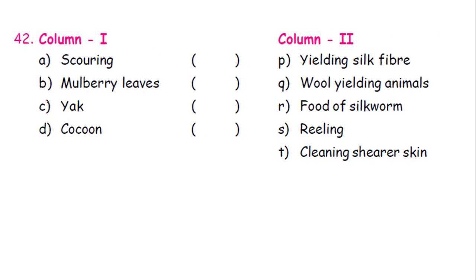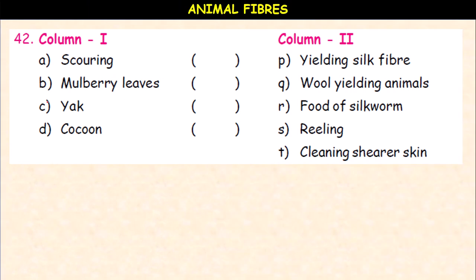Match the following. Column 1: scouring, mulberry leaves, yak, cocoon. Column 2: yielding silk fiber, wool yielding animal, food of silkworm, reeling, cleaning sheared skin.